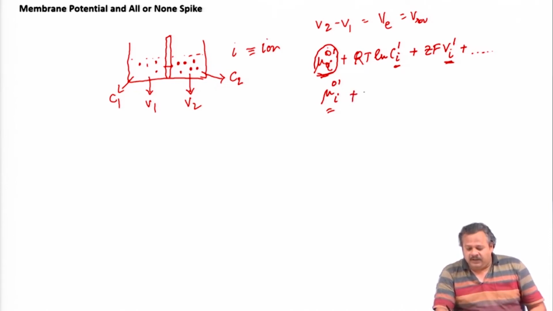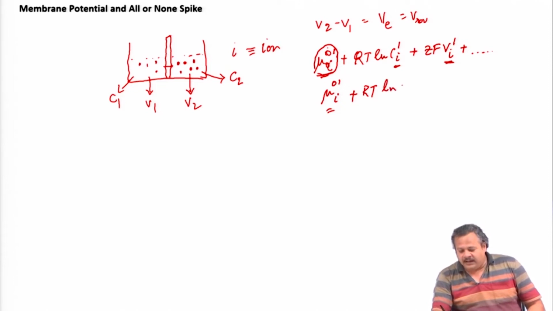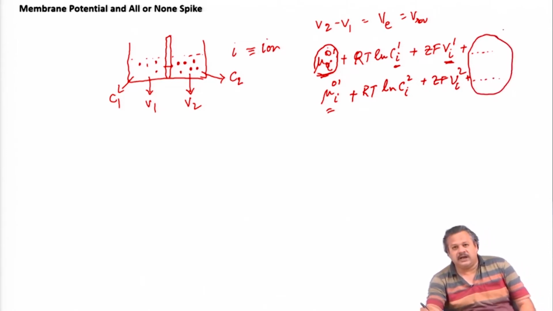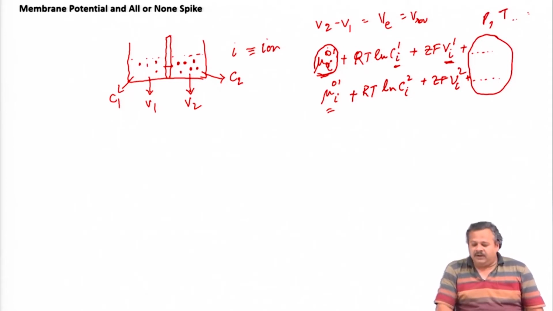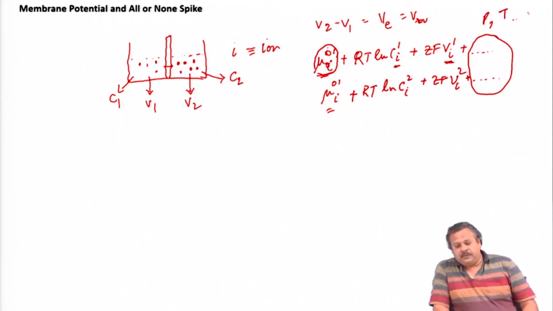Additionally, the electrochemical potential on the right hand side will have the term RT log Ci2 plus ZF Vi2 plus the other terms, which we assume to be constant on the two sides, that is terms due to pressure, temperature and so on, and they will not come into the picture.